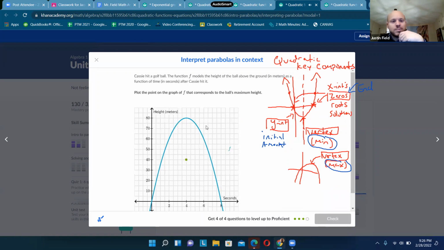Okay. All right, Cassie hit a golf ball. The function f models the height of the ball above the ground as a function of time after she hit it. Plot the point that corresponds to the ball's maximum height. And this reminds me that I actually taught my son about parabolas.